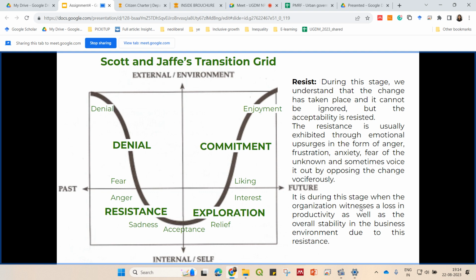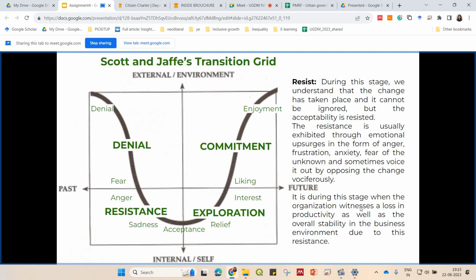The change is something which has to come to the organization. They might experience some sadness, but with this sadness, they come to a stage of acceptance that the change is here to stay, the reform is here to stay.